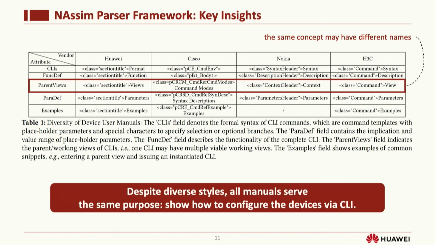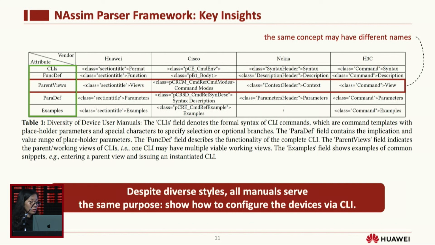Despite diverse styles, we found that all menus serve the same purpose, showing us how to configure the devices. Thus, they should cover all the CLI commands supported by the devices, their function descriptions, their working views, parameters and descriptions, and some representative examples.